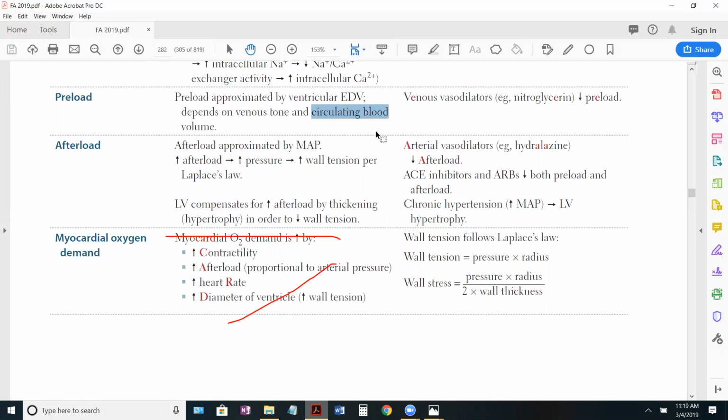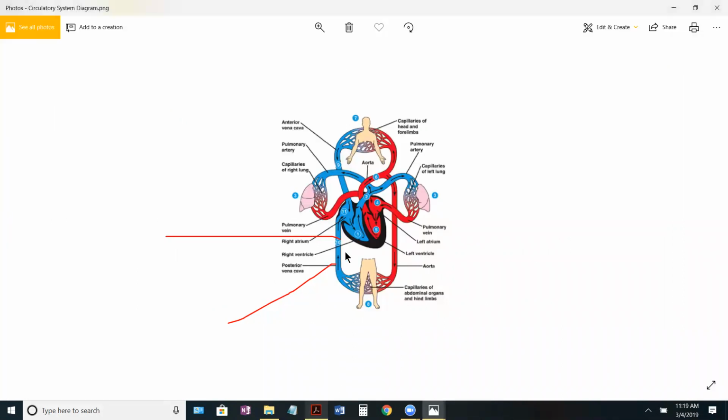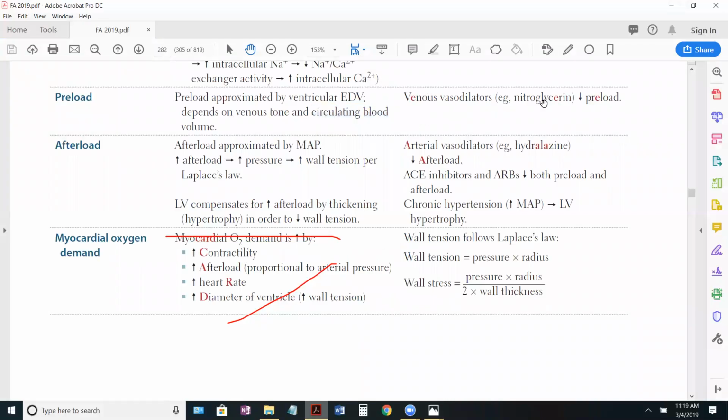If you don't change the circulating volume and you constrict these veins, what do you think the preload on the heart will be? It will increase, because when the veins constrict, it will push the blood upwards towards the heart. So that's how venodilators decrease the preload, and venoconstrictors increase the preload.